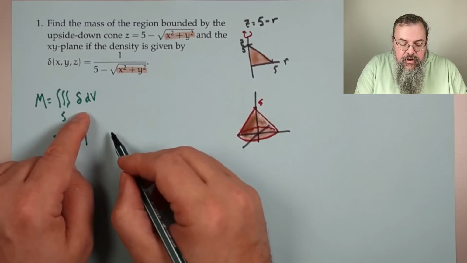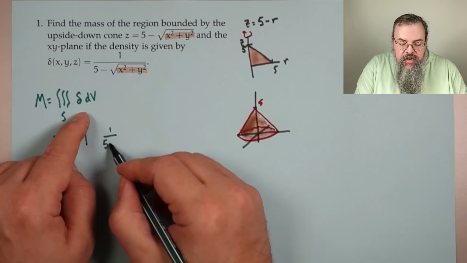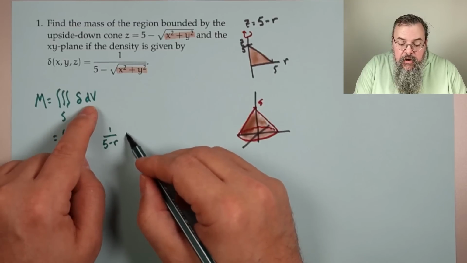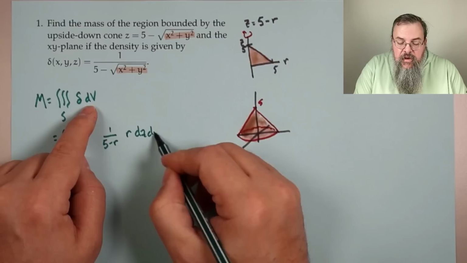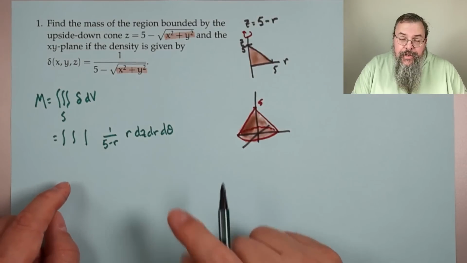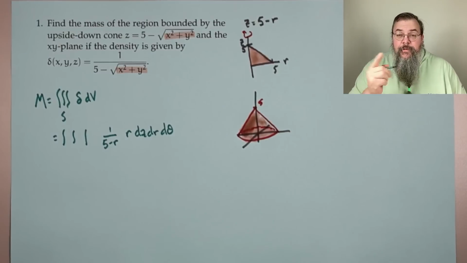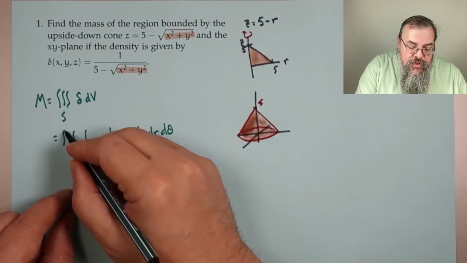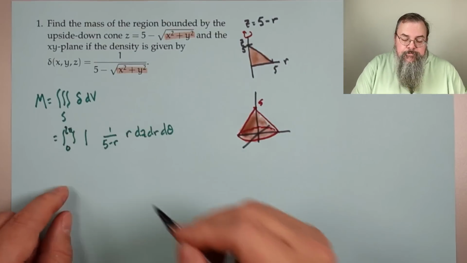Our density, 1 over 5 minus r, and dV is r dz dr d theta. Well, what's true about theta? It's completely symmetric, and so theta is the full revolution, 0 to 2 pi.